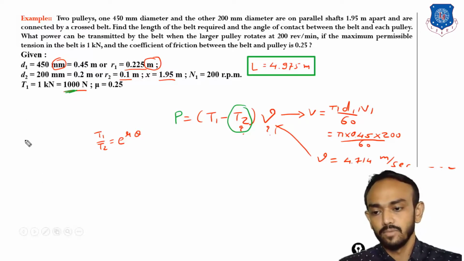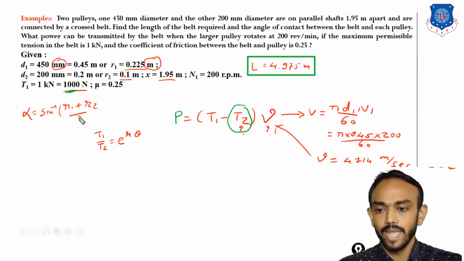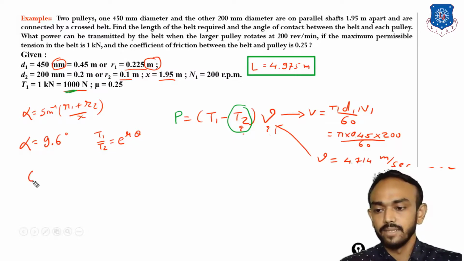For theta, first we have to find alpha. You know that alpha is equal to sine inverse of (R1 plus R2) by X. You will find alpha in degrees, 9.6 degrees, and after that you have to convert it into radians.